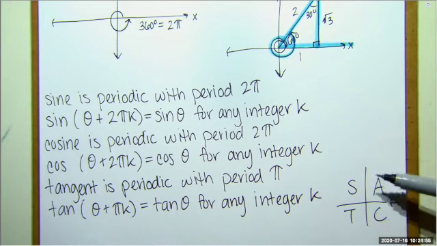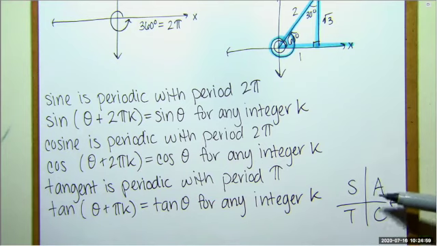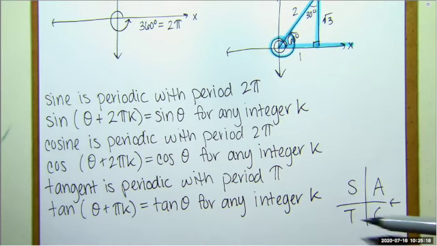Cosine is going to be positive, negative, negative, positive, positive, negative, negative, positive. So again, for cosine, that pattern of positive and negative outputs doesn't start repeating until 2 pi. Now tangent is positive, negative, positive, negative, positive, negative, positive, negative.